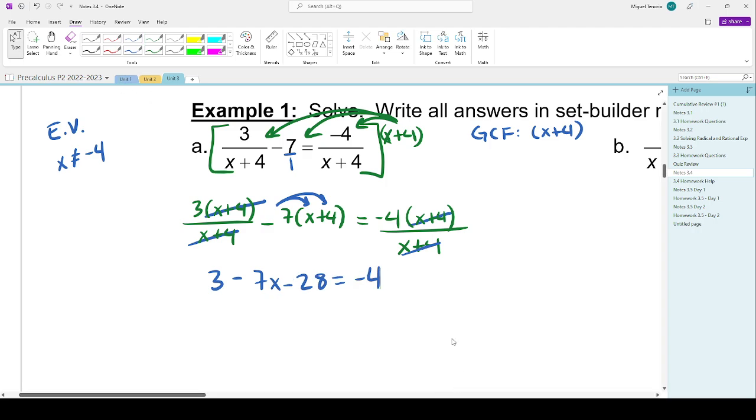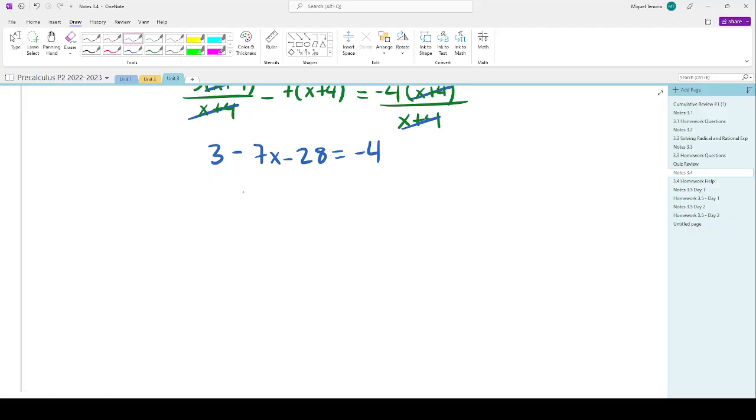And I don't know about you, but this looks like a much nicer thing to solve than the initial equation we started with. So combining like terms, I'm going to have negative 7x minus 25 equals negative 4. Then adding 25 to both sides, negative 7x equals 21. Dividing both sides by negative 7, x equals negative 3.